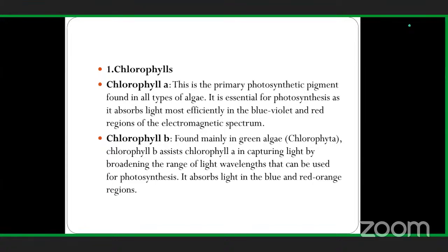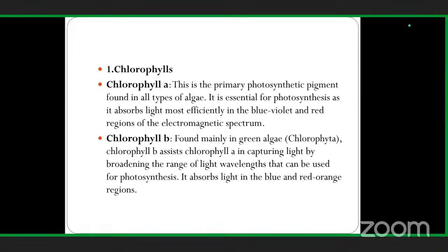Next is chlorophyll B. This you will find in green algae, that is chlorophyta. It assists chlorophyll A in capturing light. It's an assisting pigment.